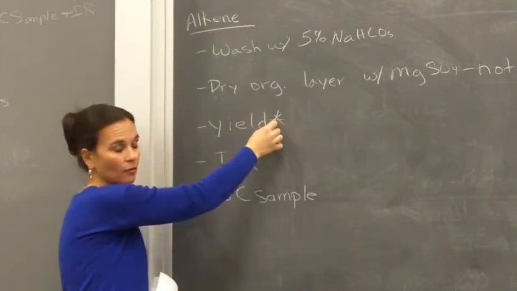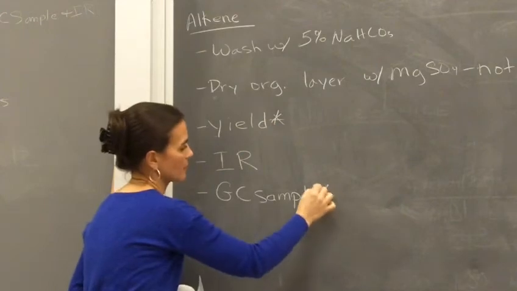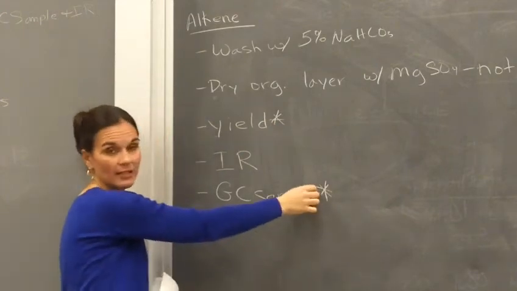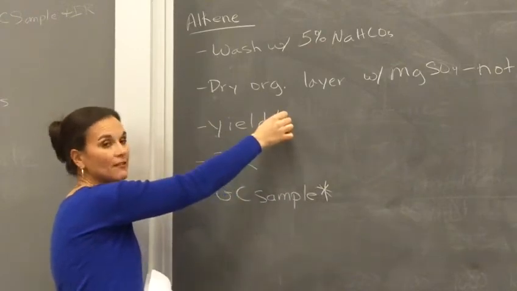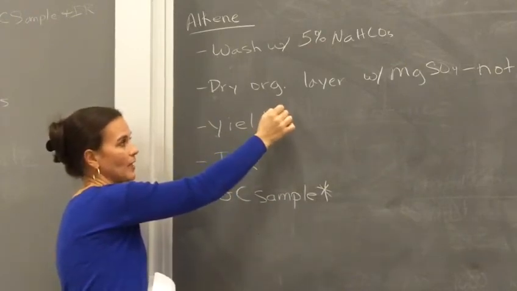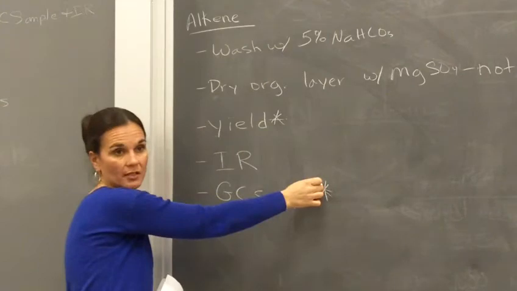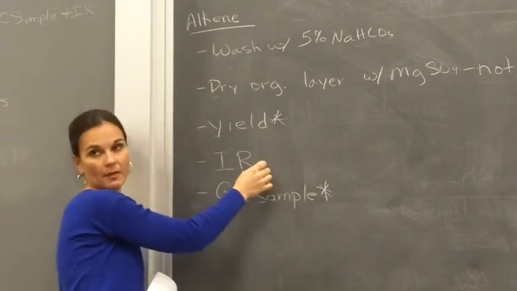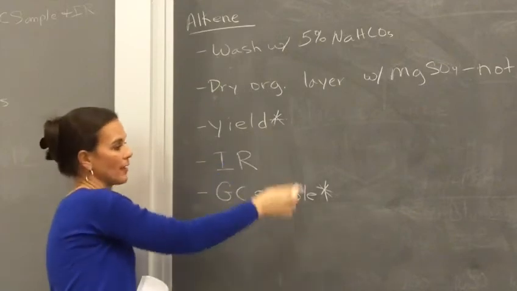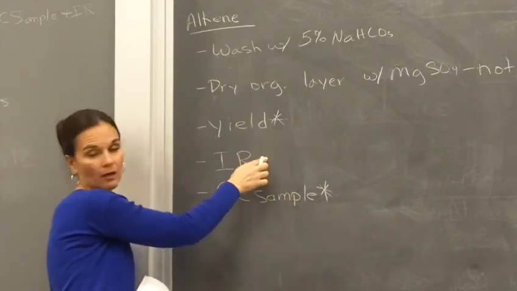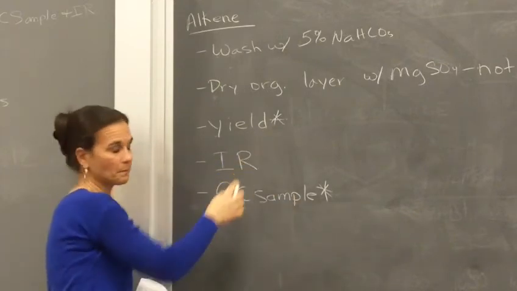For the alcohol, we have to have the yield before you go on to experiment 11, and we have to have the GC sample before you go on to 11. Before you leave this week for experiment 11, we need the yield and the GC sample, okay? The IRs can always be collected in an open lab. So if you're running low on time, yield and GC sample have to happen. IR can happen in open lab, all right?